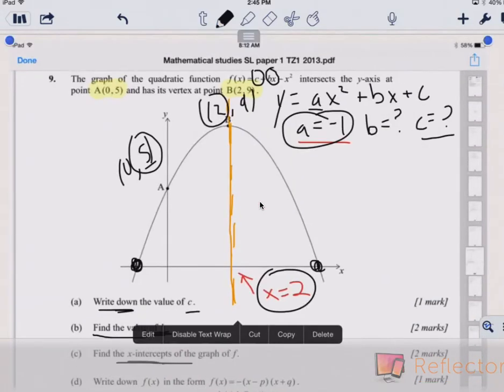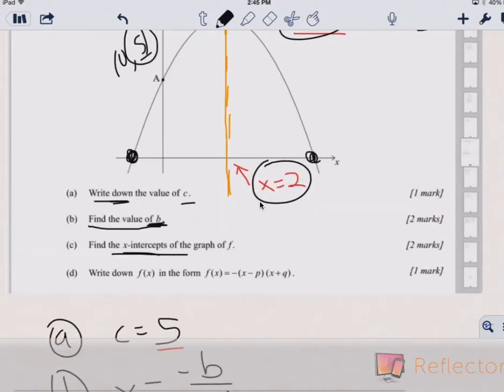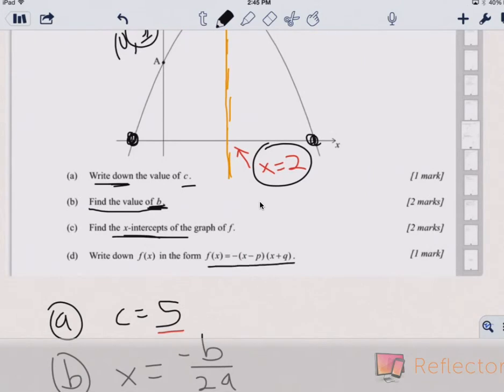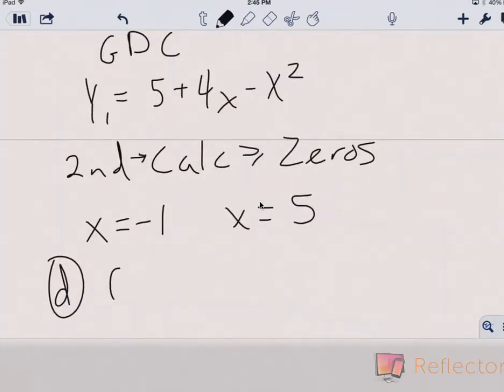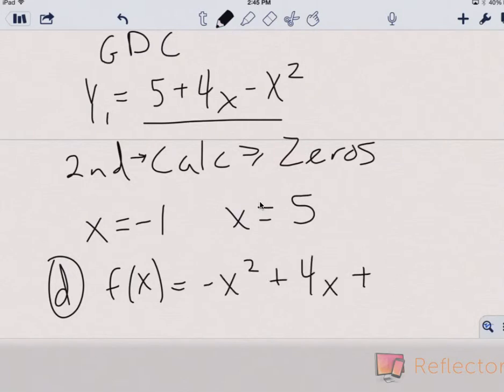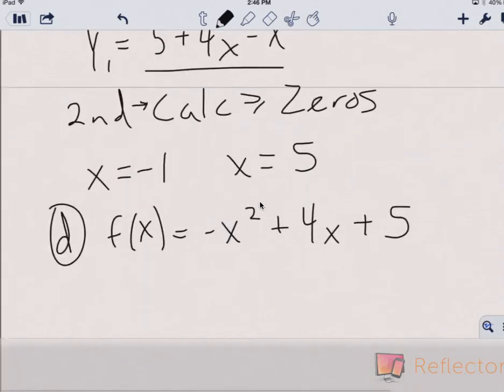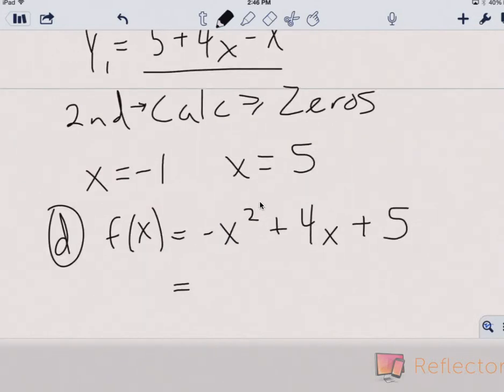Okay? Finally, part D asks us to factorize this. Now, this looks intimidating, but if we start off by rearranging the function that we have here into an order that we're more familiar with, then you can factorize out a -1.